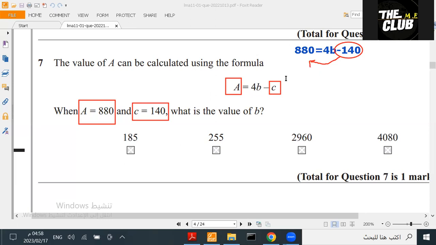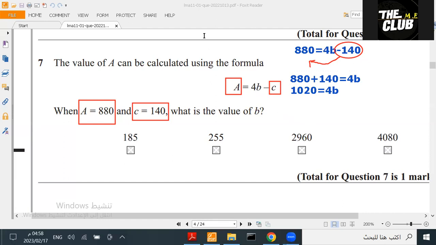So it's going to be 880 plus 140 equals 4B. I'm going to use the calculator: 880 plus 140 is 1020. So 1020 equals 4B.